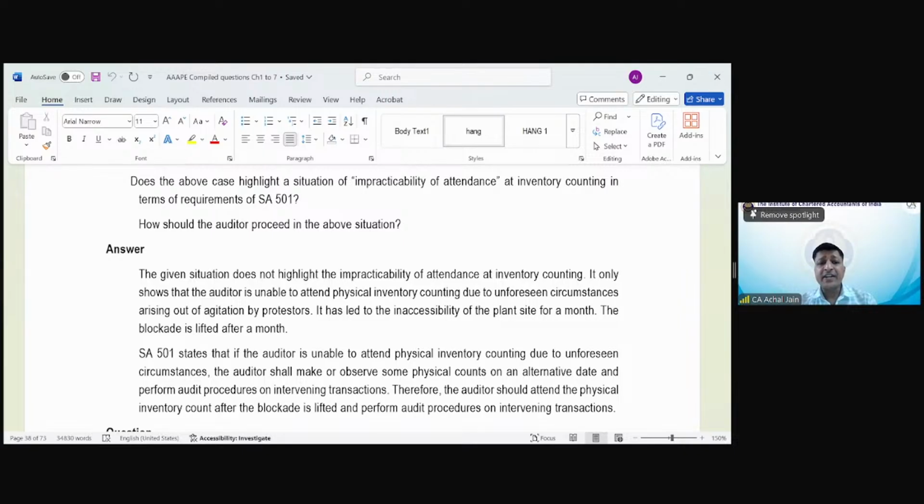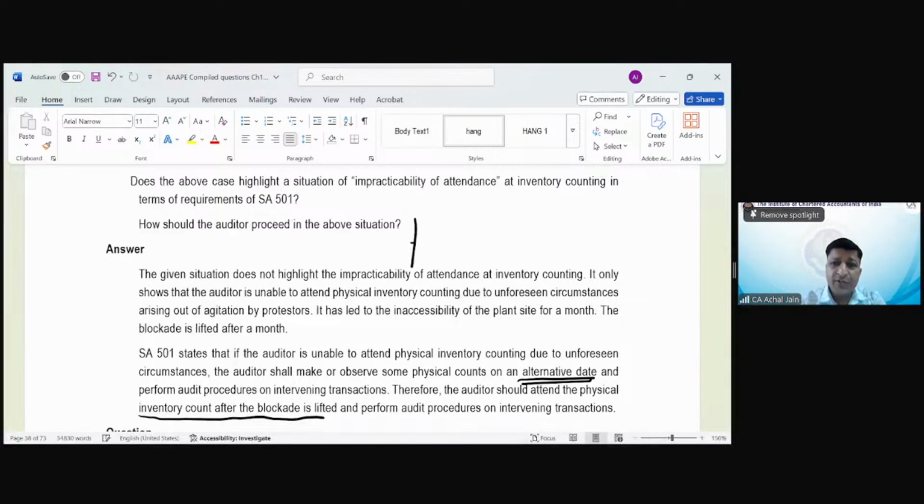This auditing standard states if the auditor is unable to attend the physical verification, auditor shall make or observe some physical counts, maybe on an alternative date, which could be 30th April. Auditor should attend physical inventory count after the blockade is lifted and perform the alternate audit procedures. Perform the audit procedures on intervening transactions, which is all about rollback.